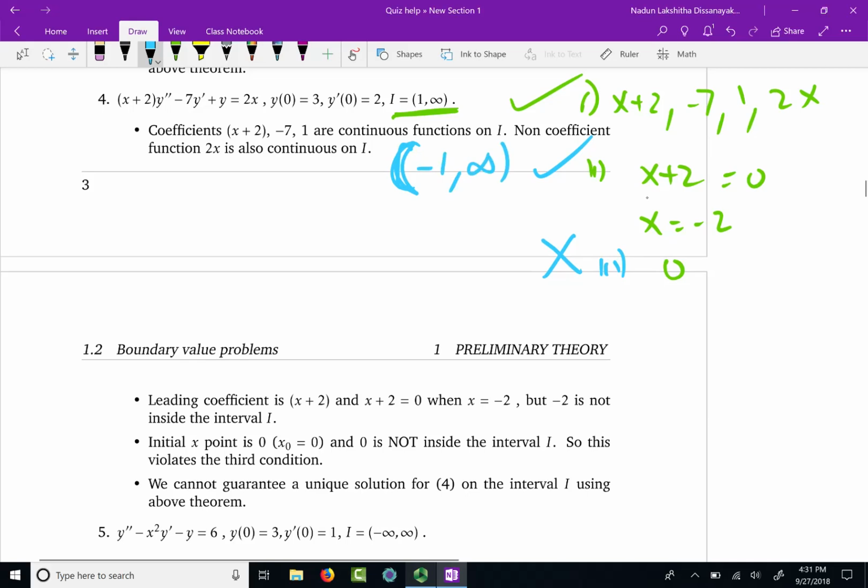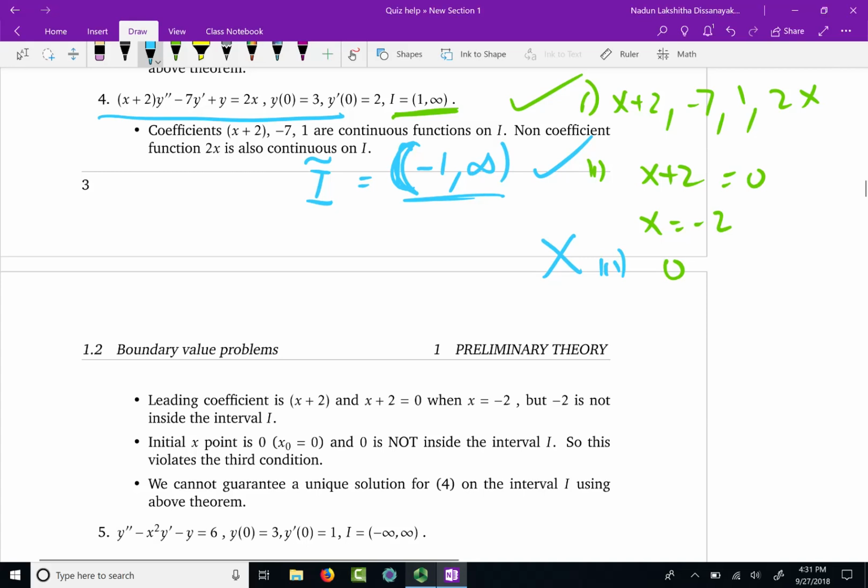Well, now 0 is inside the interval. And the leading coefficient is still not 0 in this interval, and these are still continuous. Okay, the same initial value problem is guaranteed to have a unique solution in this new interval. In that old interval, we don't know what happens, but in this interval, yes.